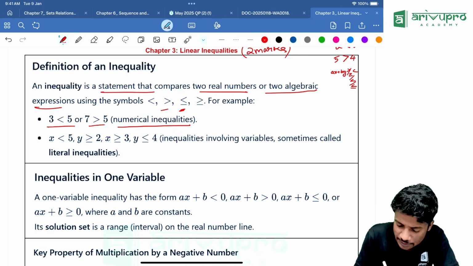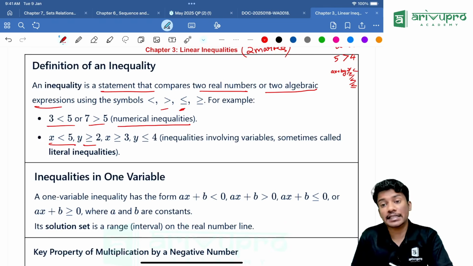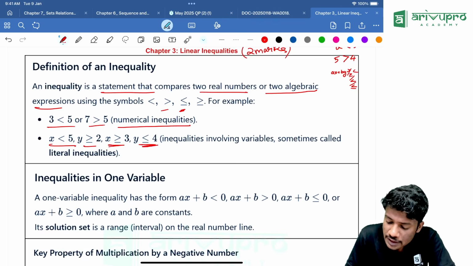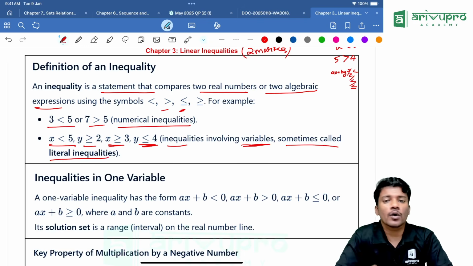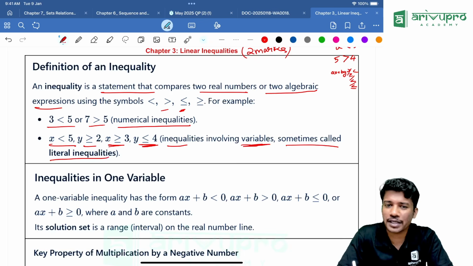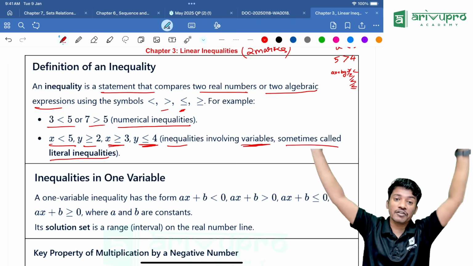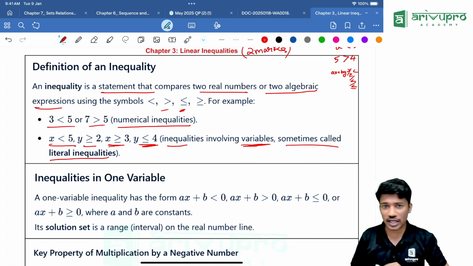Then there is something like x less than 5, x, y greater than or equal to 2, x greater than or equal to 3, y less than or equal to 4. These are inequalities involving variables, sometimes called literal inequalities. Keep a note. Sometimes they can ask you as a 1 mark question, and the chance is very less, directly asking like this.